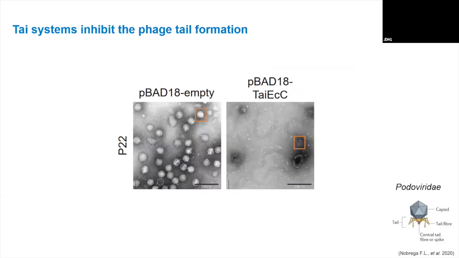And with P22, it's like it loses its tail, and we can also only see the empty capsid, because we know the tail needle for this family is involved in DNA stabilization. So it means that if you lose this tail needle, the DNA will get loose from the capsid.